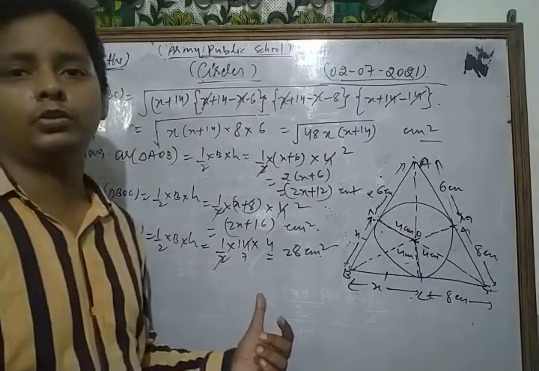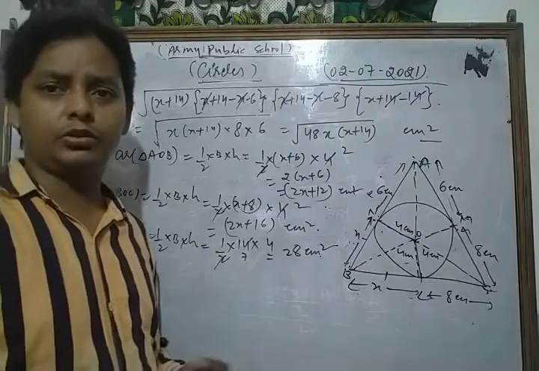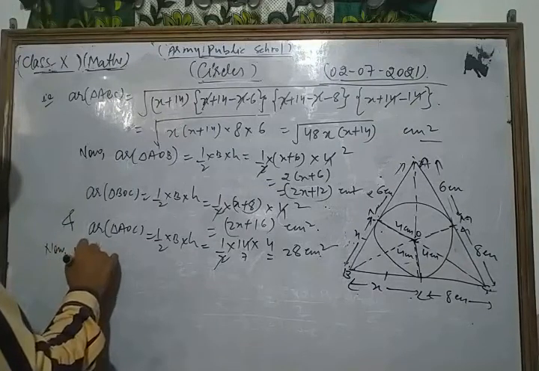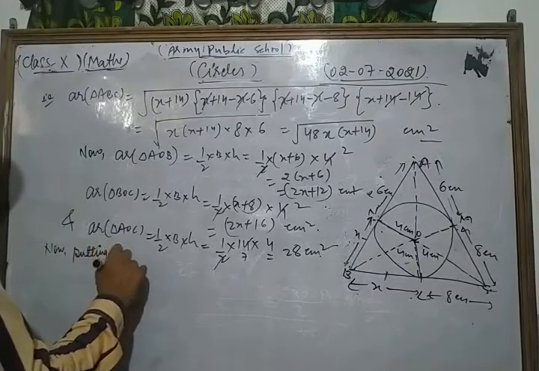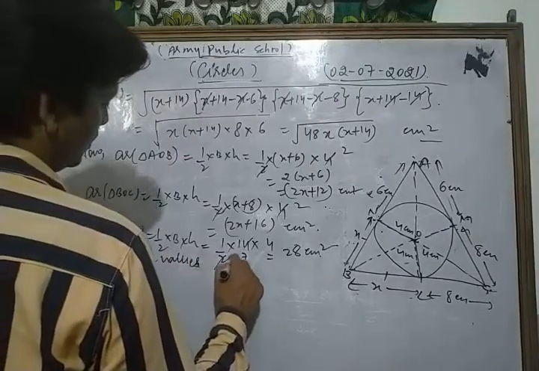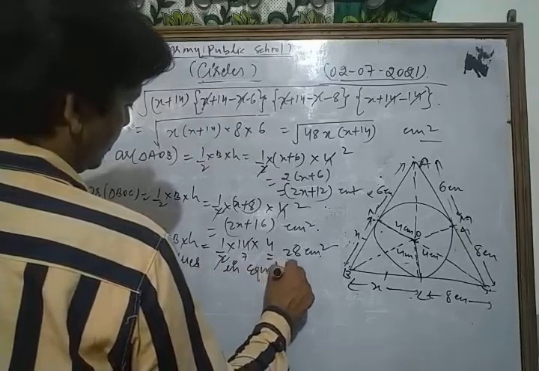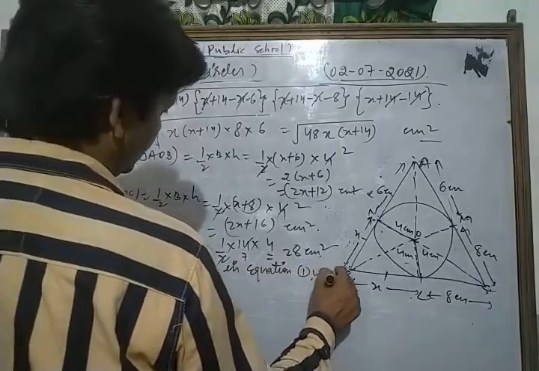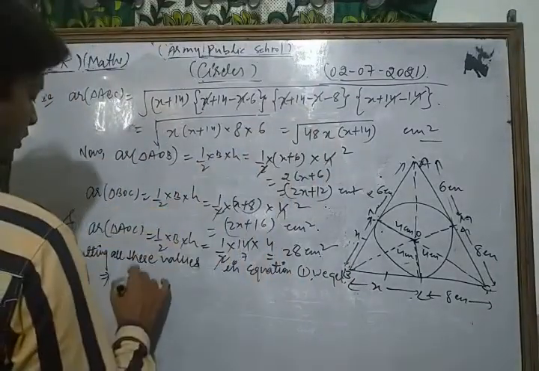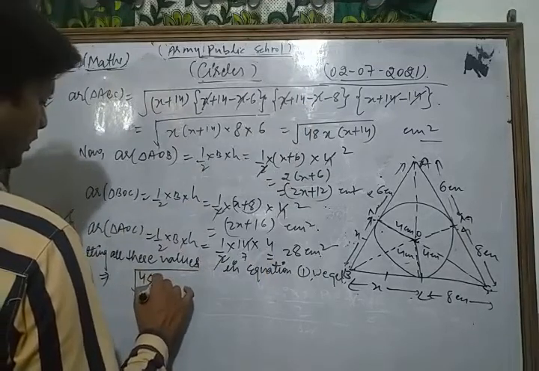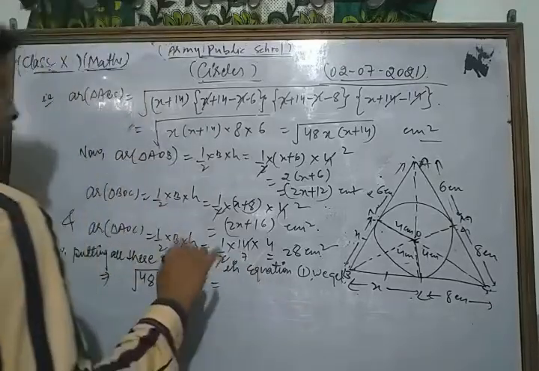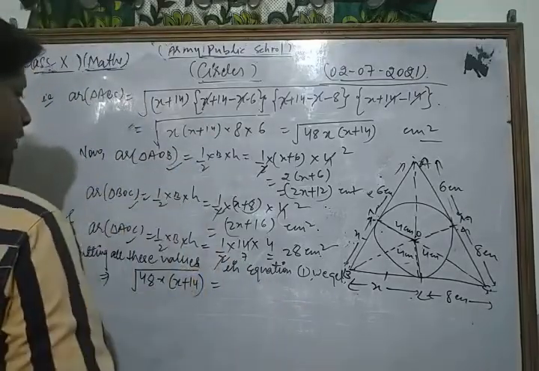Now putting all these values in equation 1, we get the area of triangle ABC, that is the square root of 48x into x plus 14, equal to the sum of the areas of all three triangles, AOB plus BOC plus AOC.